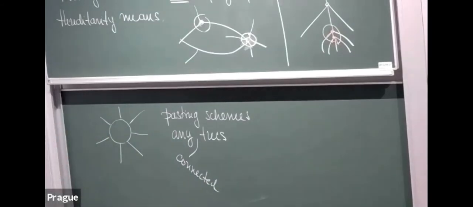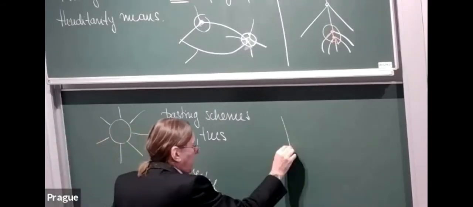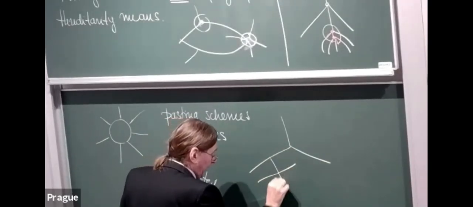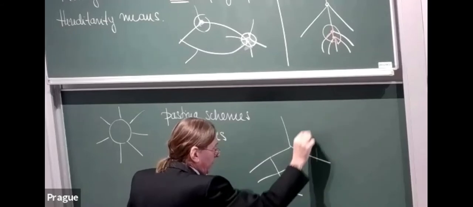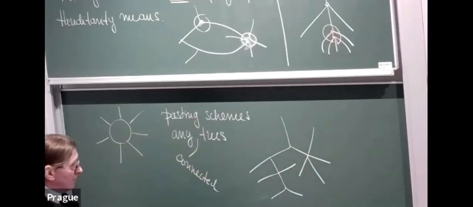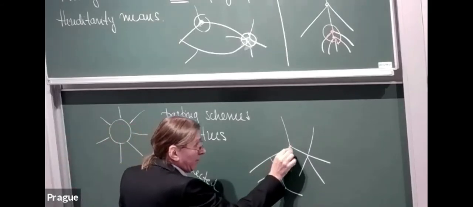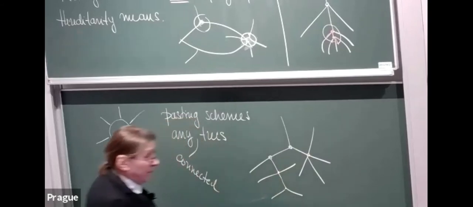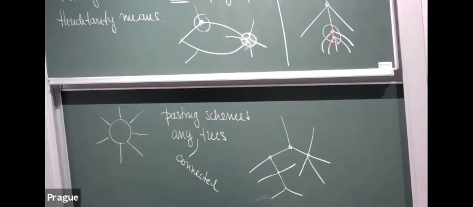So this is an example of such an abstract tree. I have no direction. I cannot distinguish between the outputs and inputs of vertices. So this is a pasting scheme for cyclic operads.